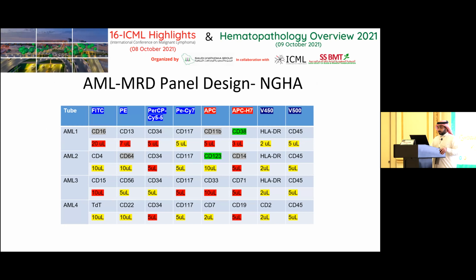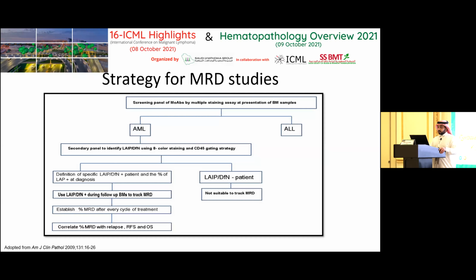Then there is a secondary panel to identify leukemia-associated phenotype or different from normal using 8-color staining with the CD45 gating strategy.